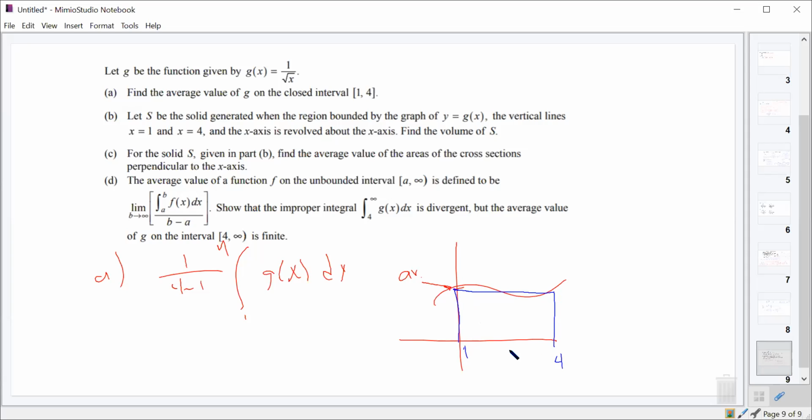And so you could write out something to that effect. But I don't think they'd ask you to explain where the average value theorem comes from. So I think you'd be okay there.